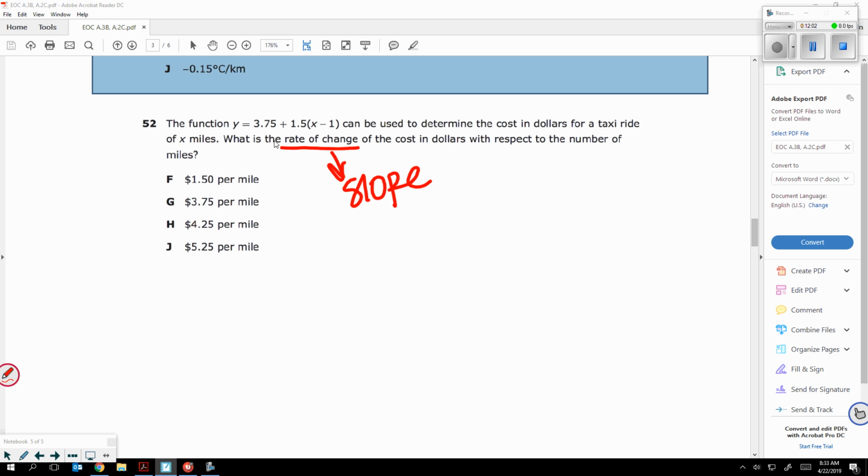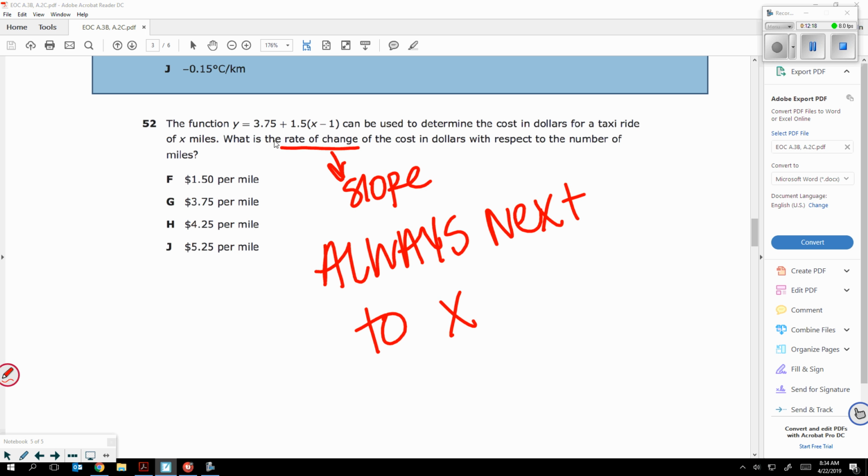Now with that, in a linear equation, what is the slope always next to? The x. Is it the one being multiplied or the one being subtracted or added? The one being multiplied, right?